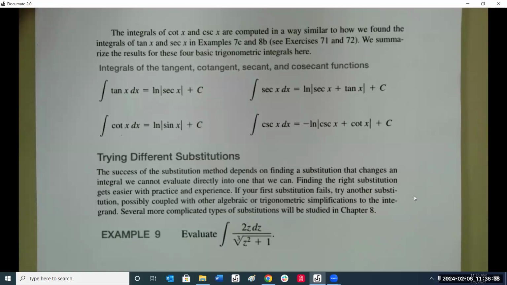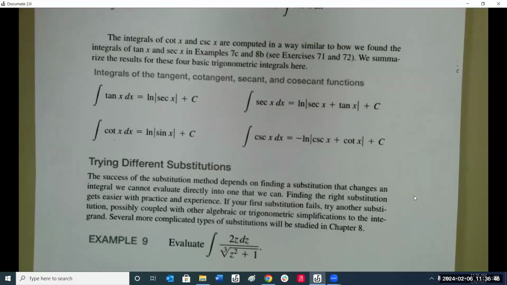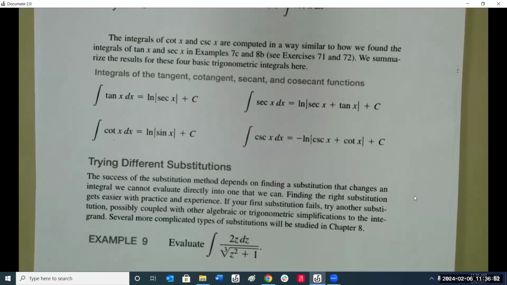Now, can I ask? It's a really subjective question, but where would this apply in the real world? If you were doing anything that moves, you put it into terms of cosine and sine.